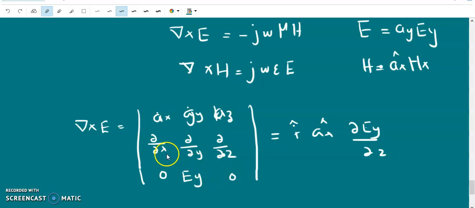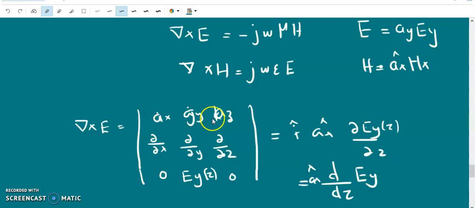And there will be a dou Ey by dou x term also, but we know that Ey is a function of z alone. Ey is E0 e to the power minus gamma z for a uniform plane wave. This term also vanishes. And since Ey is a function of z alone, dou by dou z can be written as d by dz. The partial derivative can be written in terms of the ordinary derivative. There is a negative sign over here.